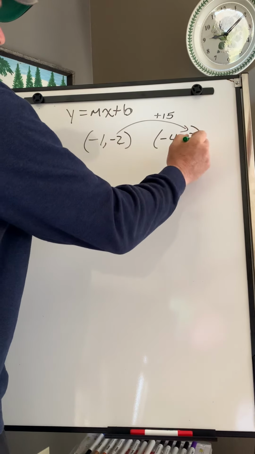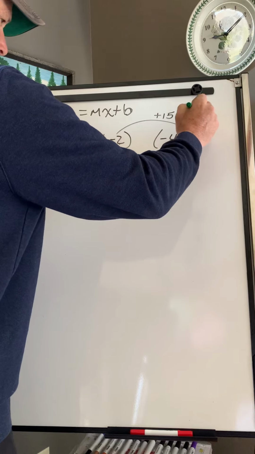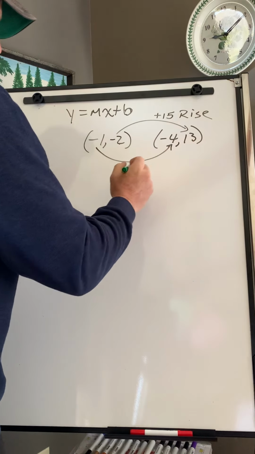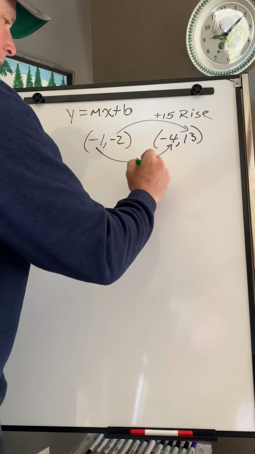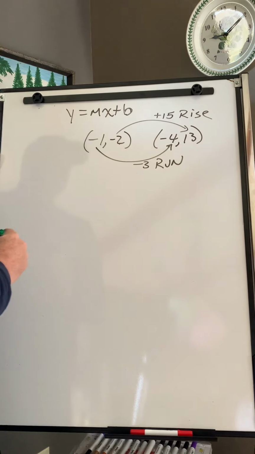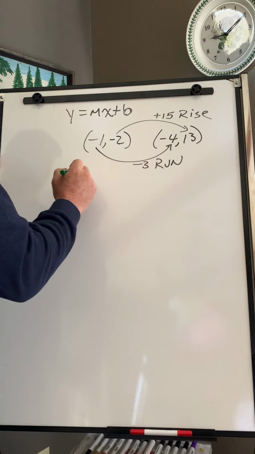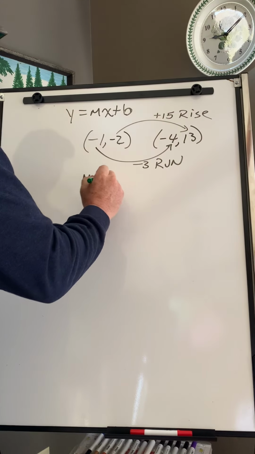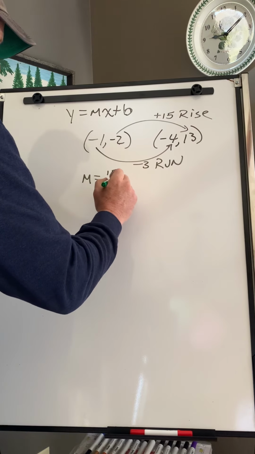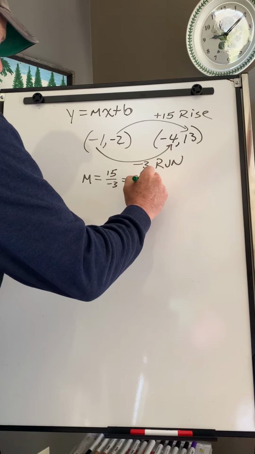Remember, I'm going y to y. That's my rise. My run, x to x, -1 is going down 3 to get to -4. So that means I have a slope of 15 over -3, which simplifies to -5.